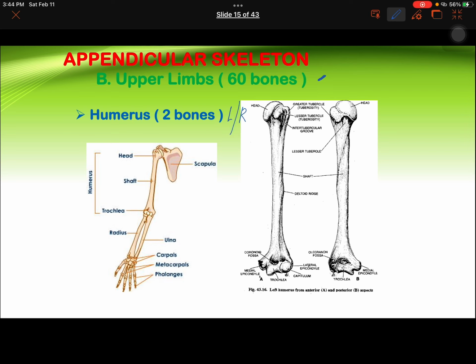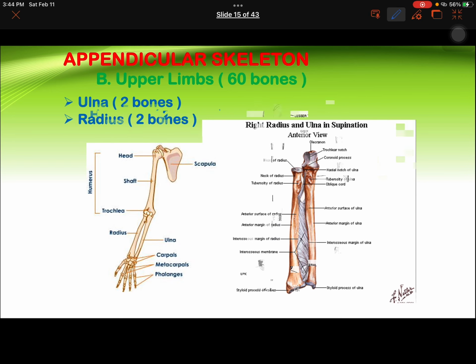The one that is found in the arm is the humerus. It has a head. It has the shaft or the body. And we have here the trochlea. The trochlea serves as the point of attachment for your radius and your ulna.